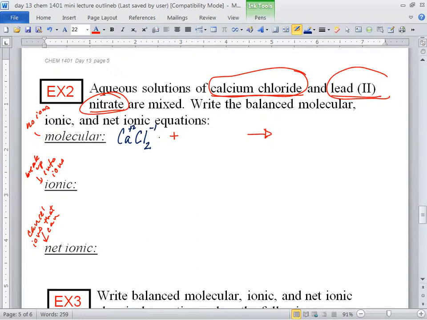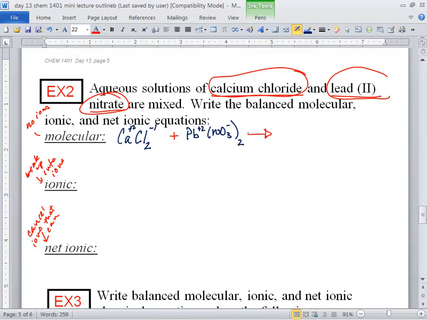That's very important. Then I have lead 2 nitrate. Lead 2, so that means it's a plus 2. And the nitrate, I like parentheses around all polyatomics. Nitrate's a -1. Remember, the charges become the subscripts.